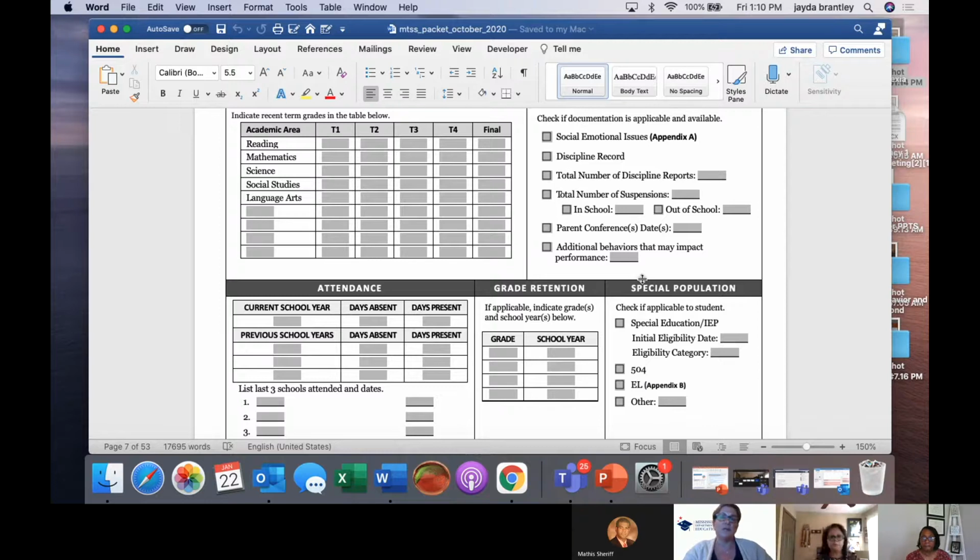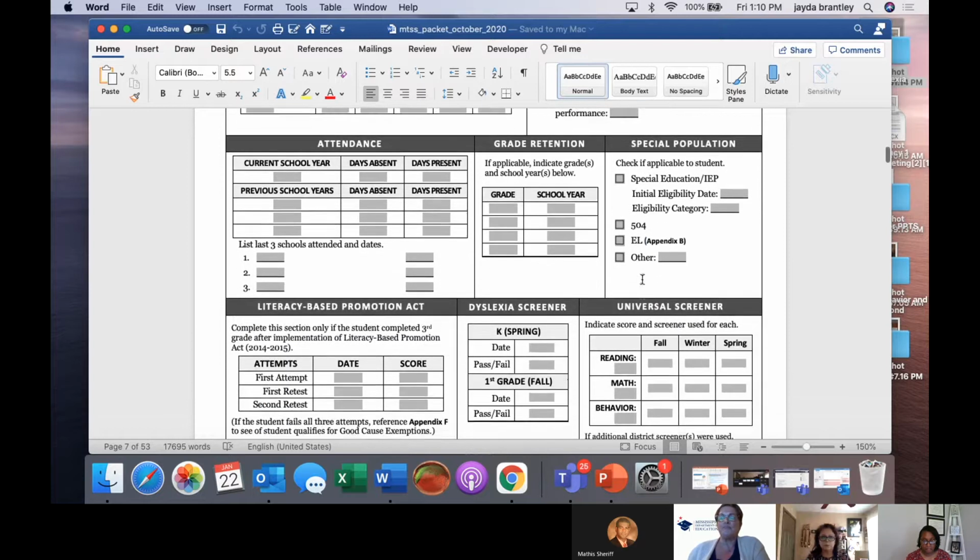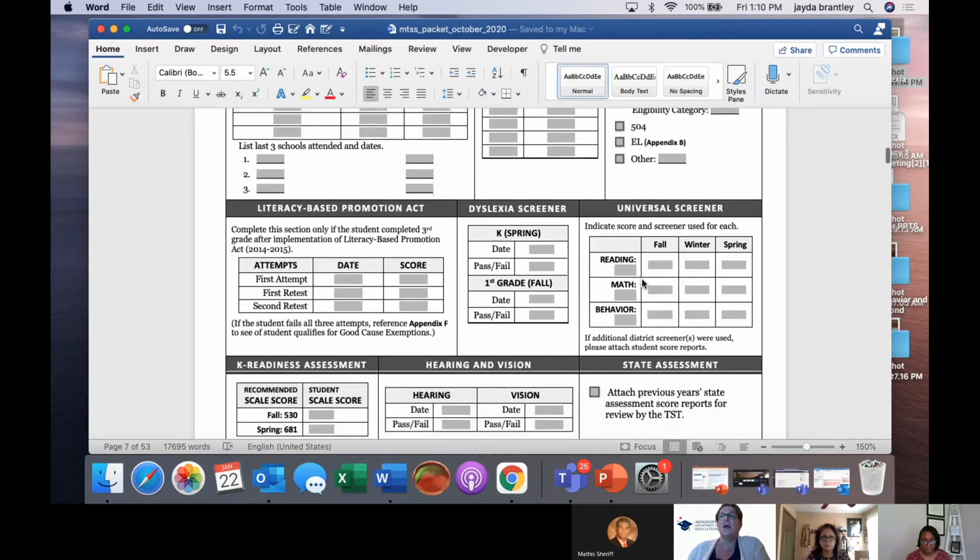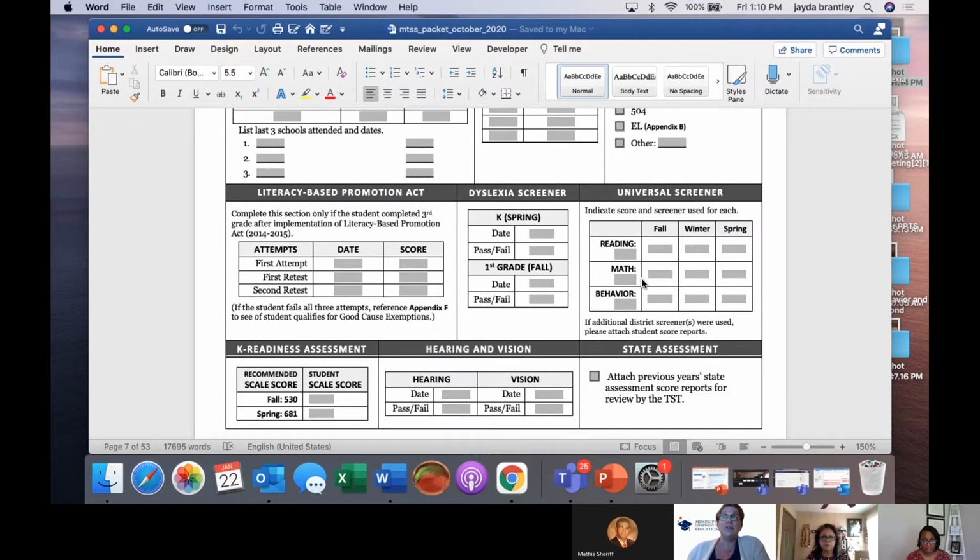Even though the student might be receiving special education for a reading deficit, they may still be receiving reading intervention as well to give them the best supports possible. So that's documented on here. If the student is EL, it has information on here about the Dyslexia Screener, so we'll know if the student has failed or passed.